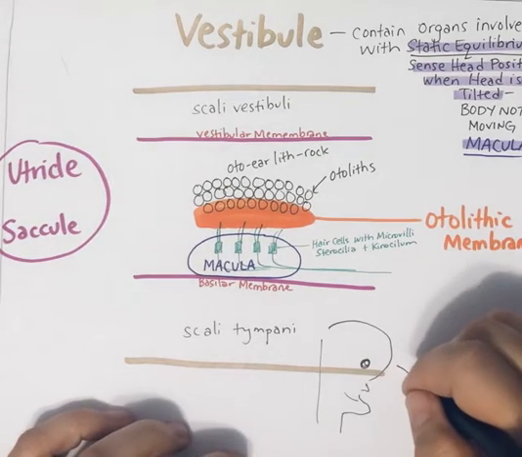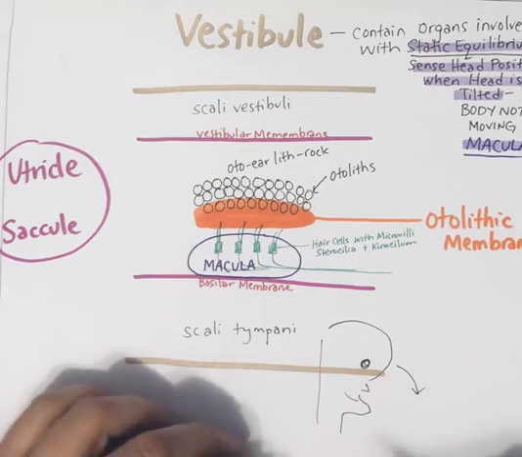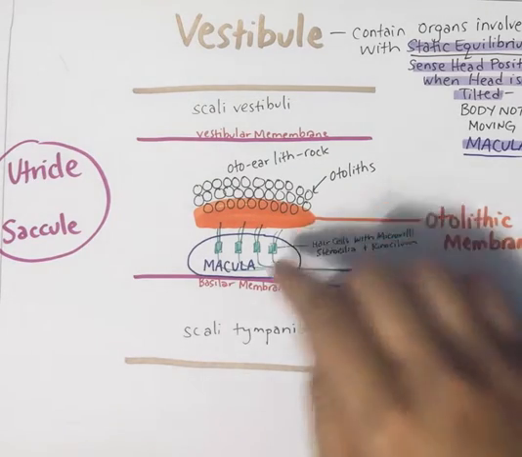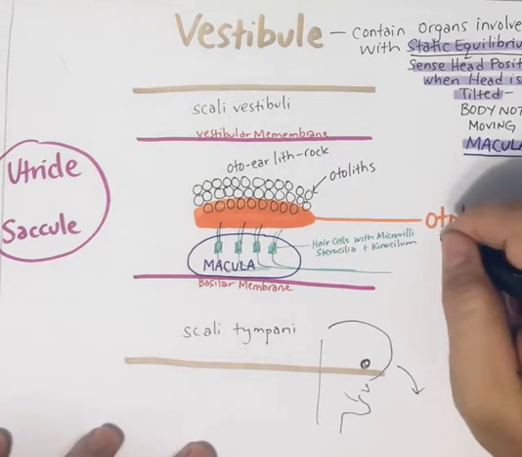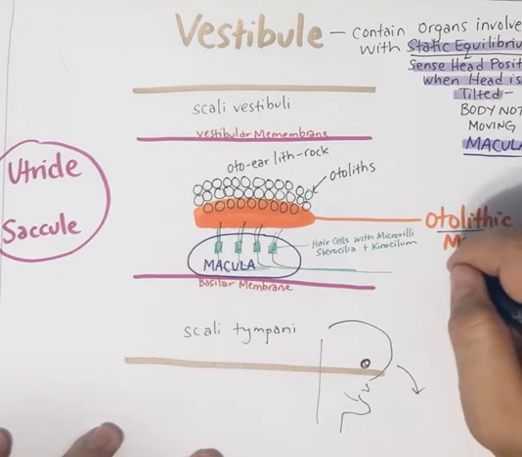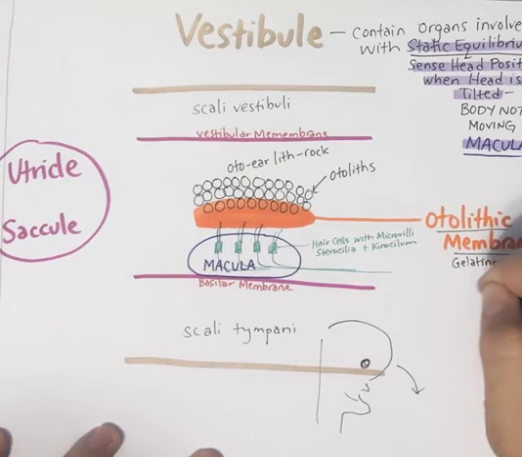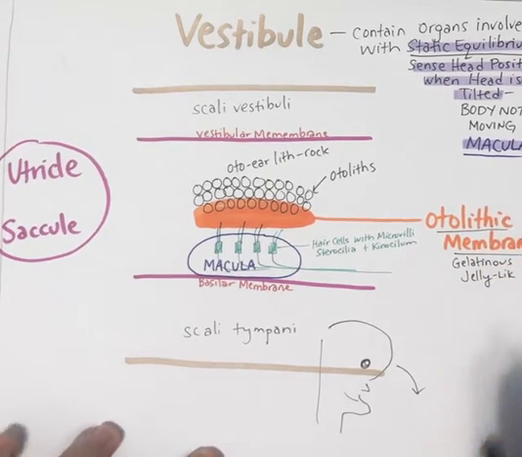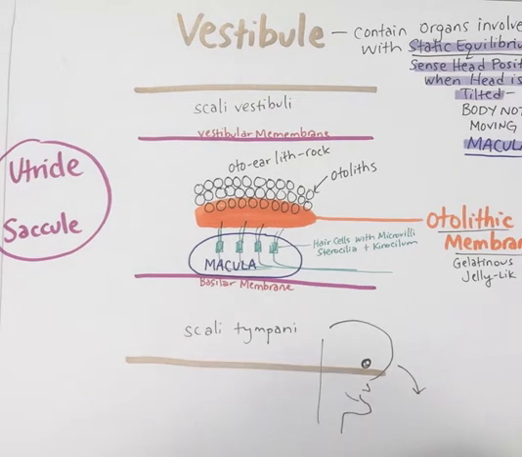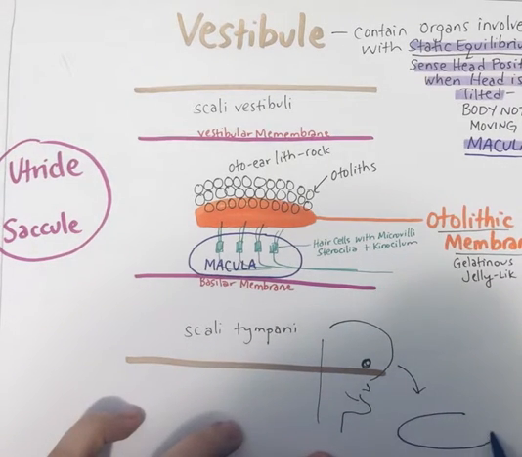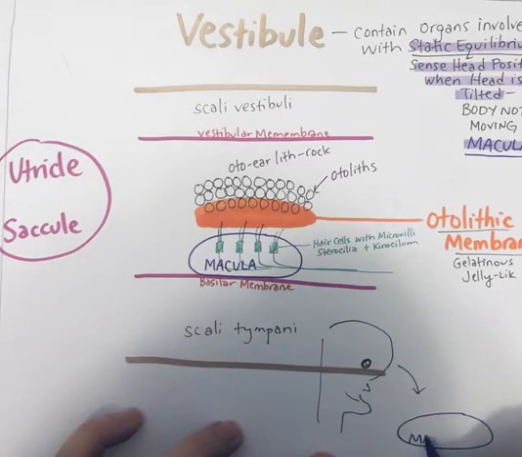When you bend your head forward, what happens is this gelatinous otolithic membrane, so it's jelly-like, that's what gelatinous means, is going to basically bend forward. So when you take your head forward, your macula, here's your macula, is going to stay where it's at.